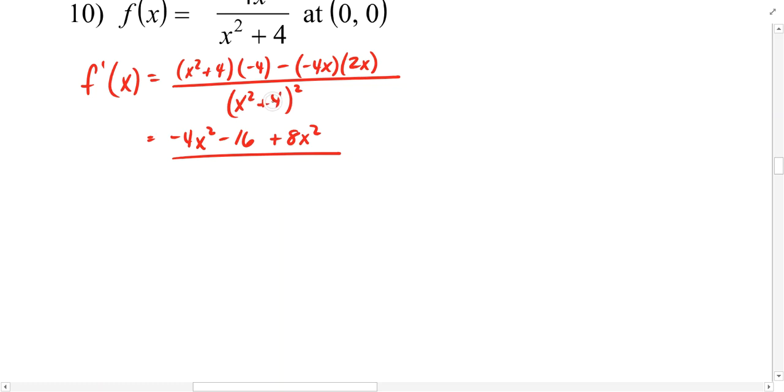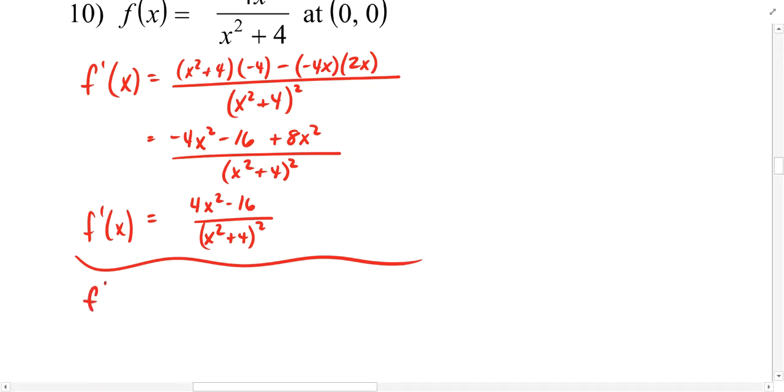The denominator I'm not going to FOIL. I'm not going to distribute that pair of binomials. I'll leave this one as it is. And in the numerator, it looks like we've got 4x squared minus 16 over x squared plus 4 quantity squared. So there's our derivative rule.